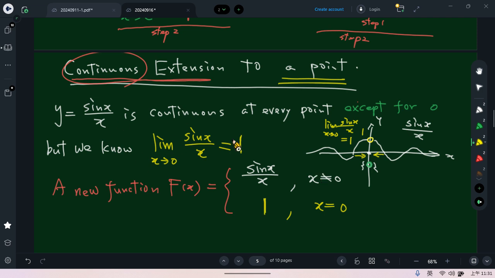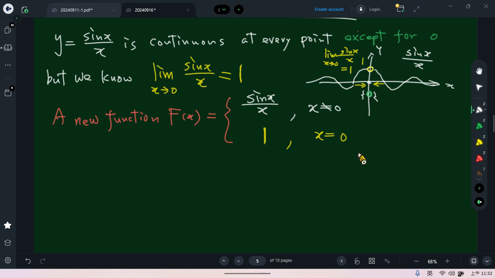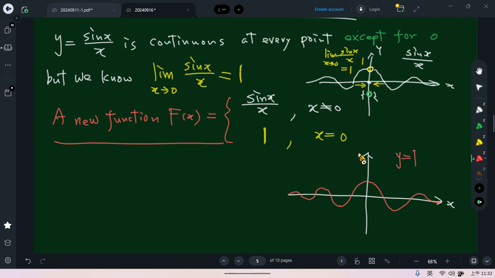So you can see, based on this new definition, the function will become this new function, y is equal to big F of x.